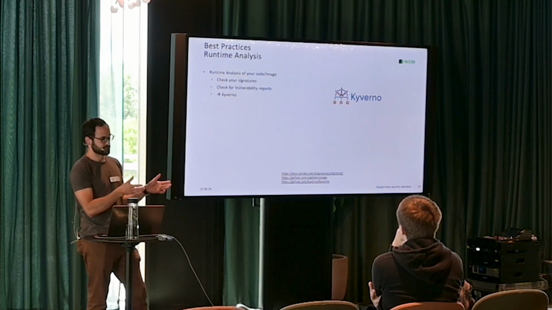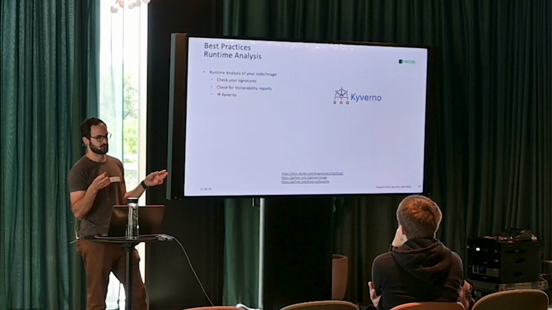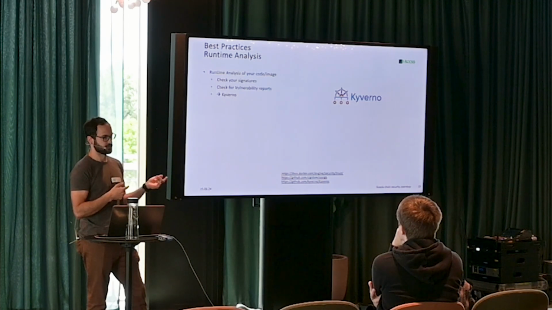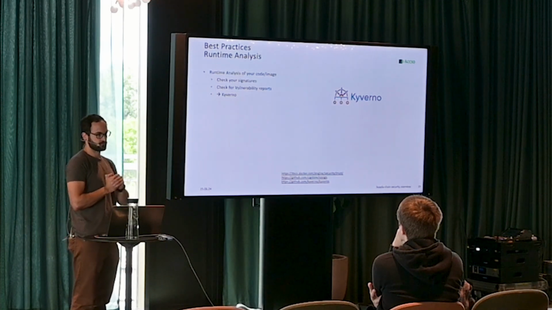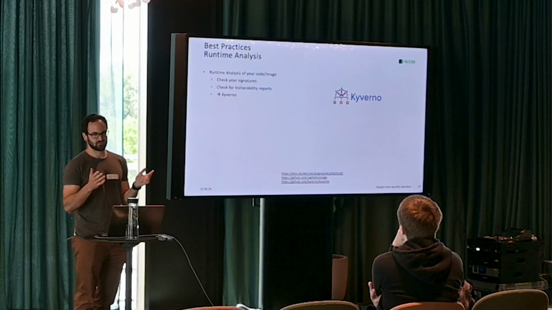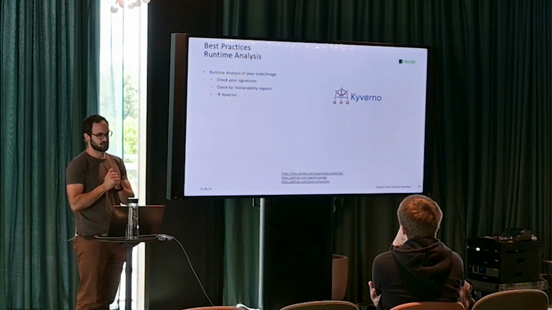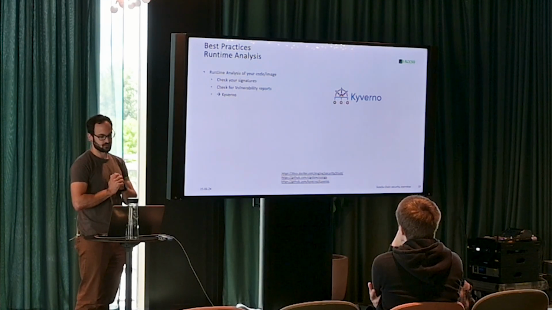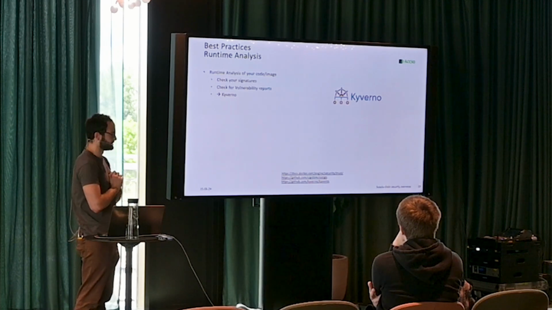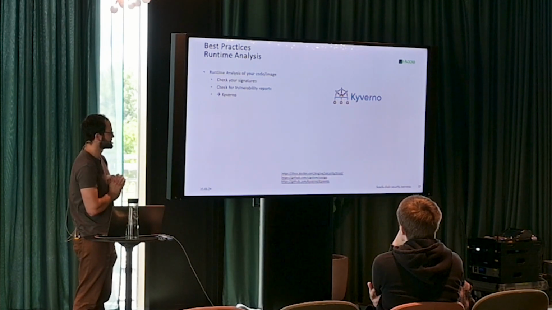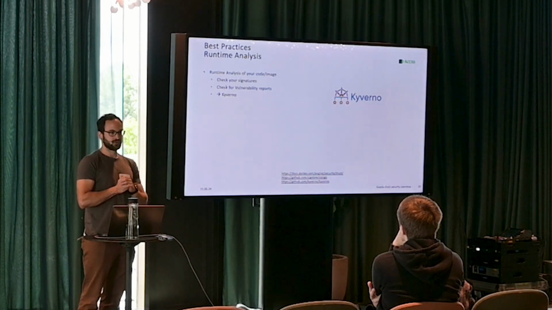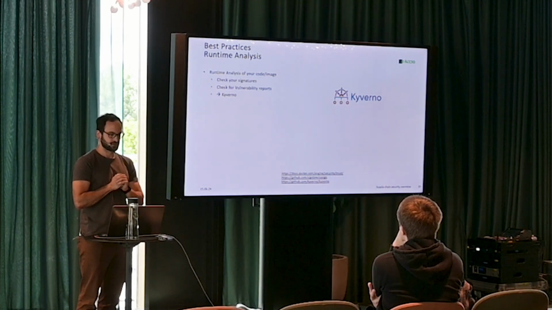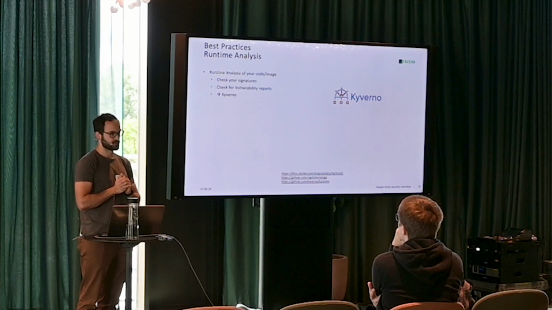So now we have the signatures, and we need to make sure when we run our software that they are still there, and that nobody runs something without them. One of the tools that helps us there is Kyverno for Kubernetes. I'm not really aware of other tools that do that at the moment for other container orchestration tools. But at Buffer we use that for telling us if the vulnerability report is older than a week, and telling us if the cosine signature is valid.